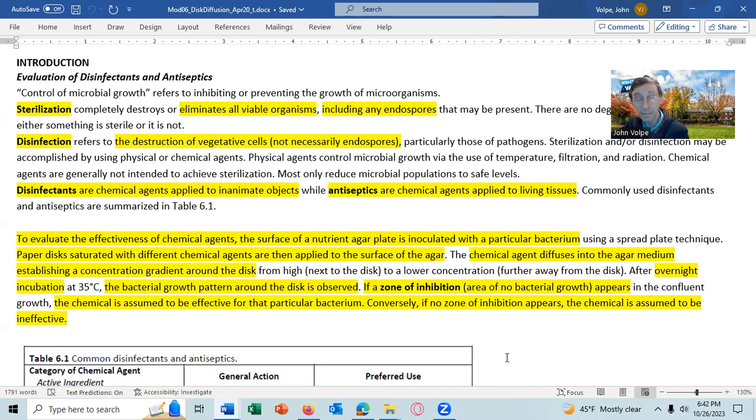That is not saying that the bacteria is sensitive or resistant to that chemical. We're just saying that the chemical is, at least to some degree, effective or not effective against the bacterium. Any question about any of that?